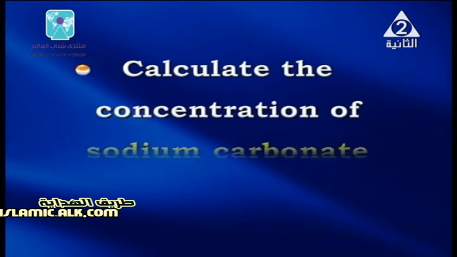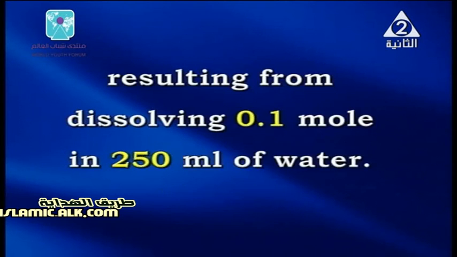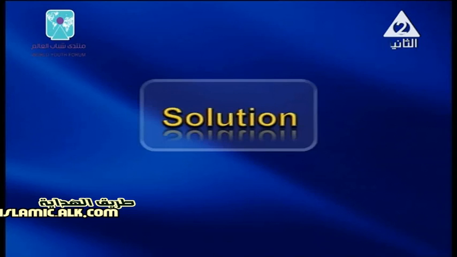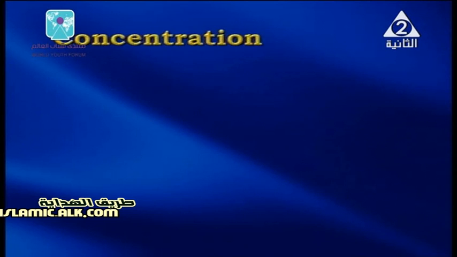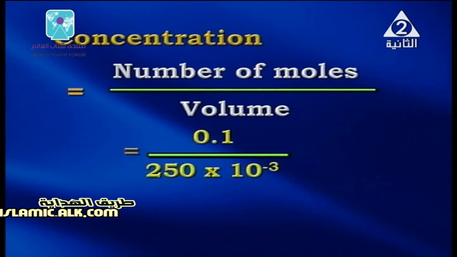For example, calculate the concentration of sodium carbonate solution resulting from dissolving 0.1 mole in 250 milliliter water. The solution: the concentration equals number of moles over volume. So 0.1 over 250 times 10 to the power negative 3 to change it to liter, it will be 0.4 molar.